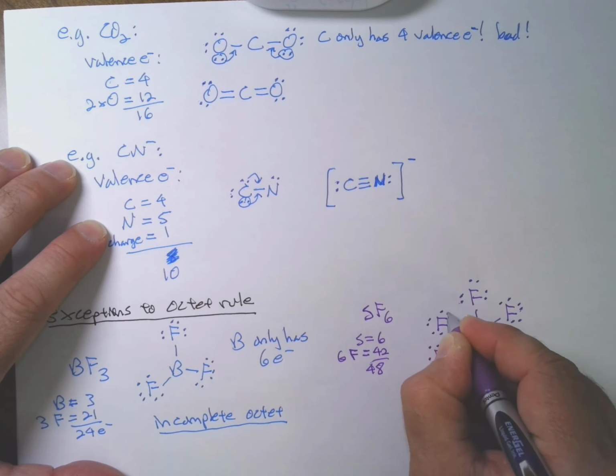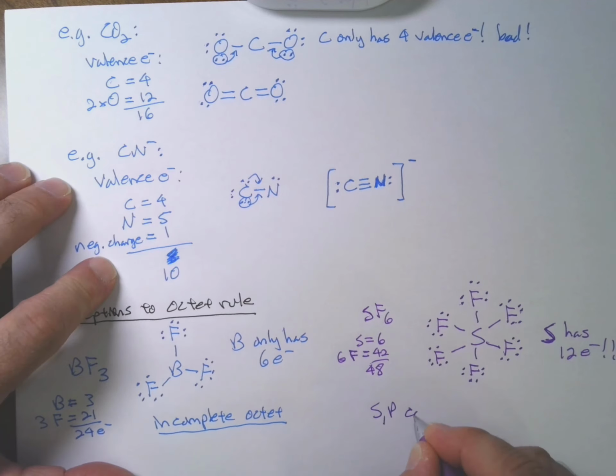And the thing to note here is sulfur, phosphorus, and some other atoms, basically anything in the third period on down, can exceed the octet rule.